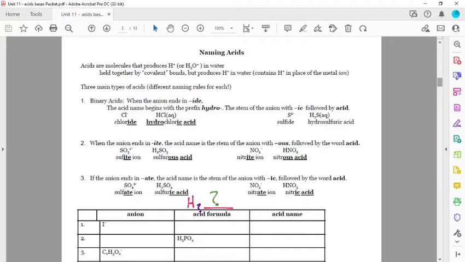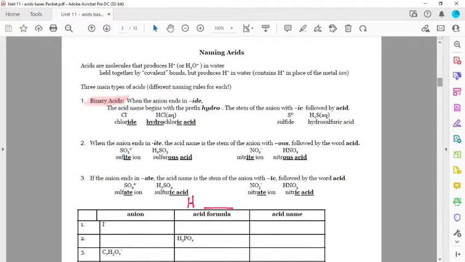So why we're so focused on writing our names today and all these rules about the names is that by understanding the names for our acids, we can use that to figure out what is that anion, the piece, that thing with the H, and once we have that, then we can write its formula. So there are 3 main types of acids, and the first one and the simplest kind are what we call binary acids.